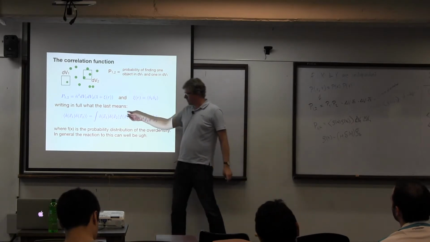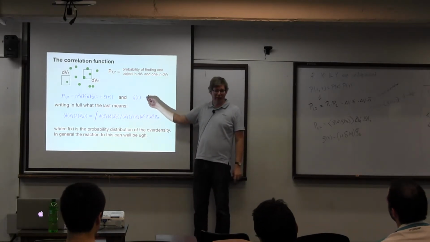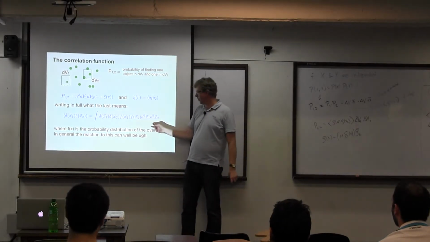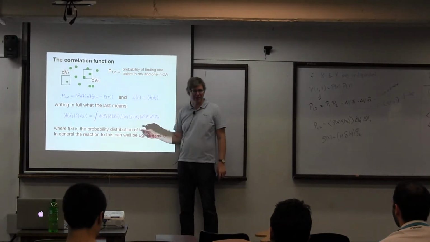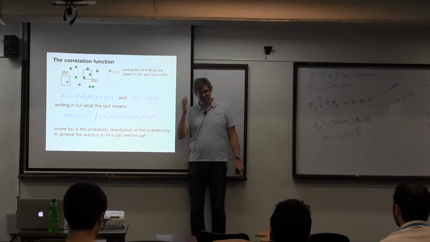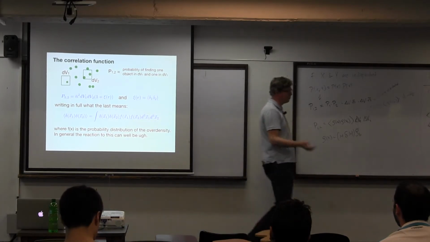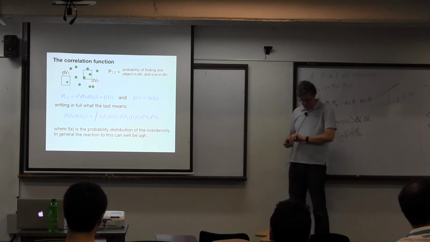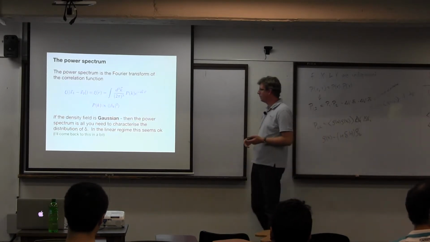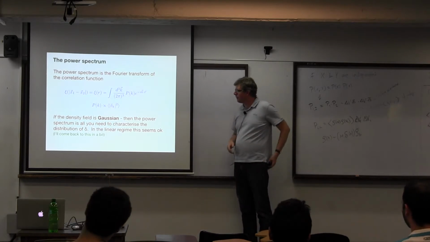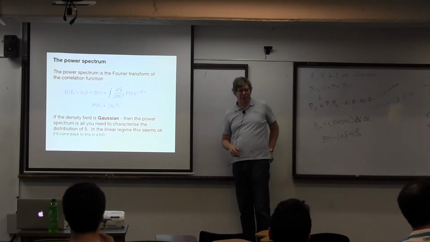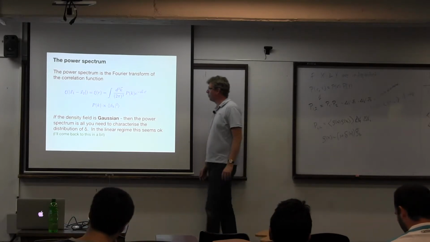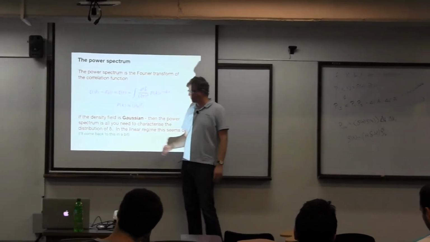And so this is what that actual average looks like when you write it out. It's an integral of these functions over all of space twice. In reality, you don't really carry out that integration, but that's what it actually defines. Right. Okay. So now we're going to introduce something else which you might or might not have heard of, namely what's called the power spectrum.